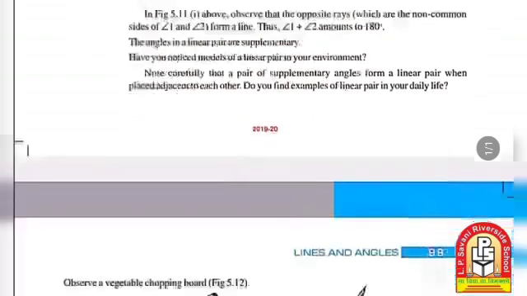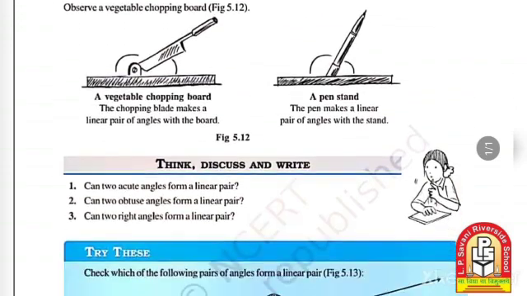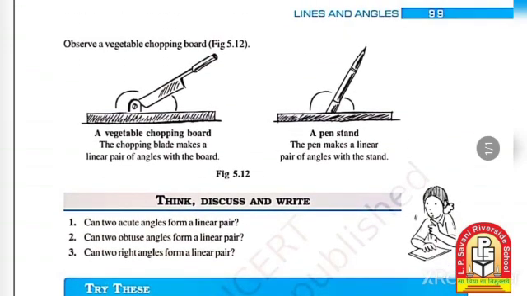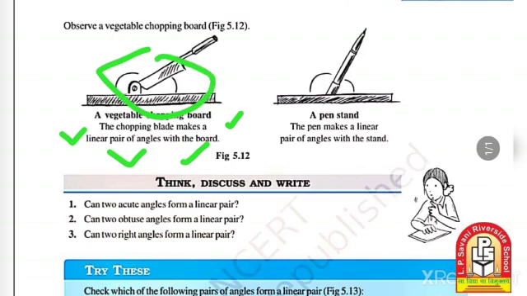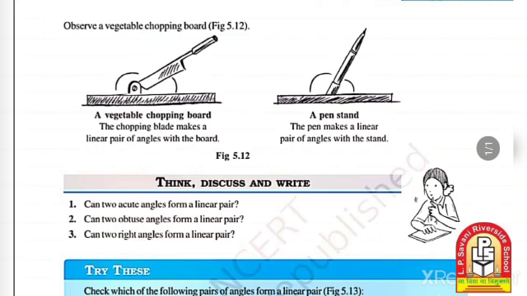So let's take daily life examples. Here, on a vegetable chopping board, the chopping blade makes a linear pair of angles with the board. This is the chopper which cuts the vegetables, and this is the board. With the help of this kind of chopping board, vegetables can be cut easily.